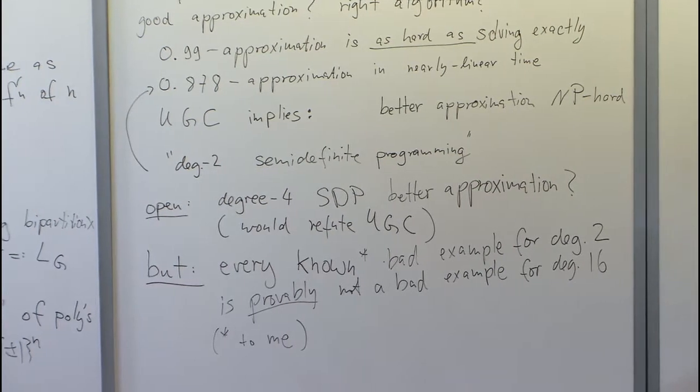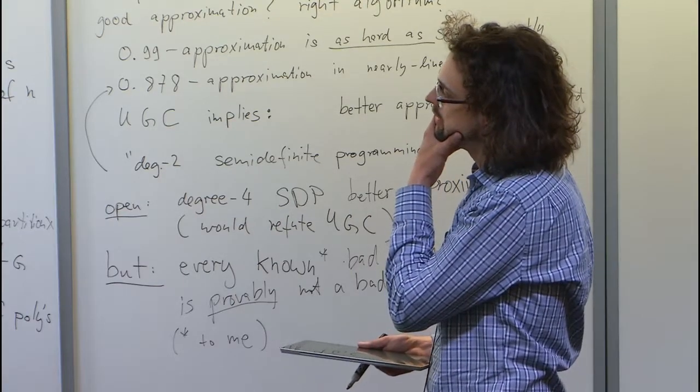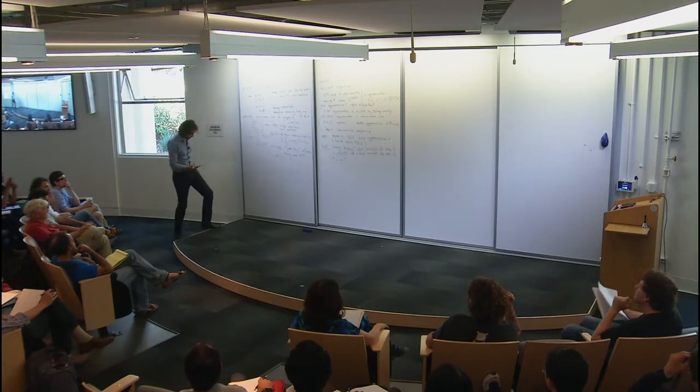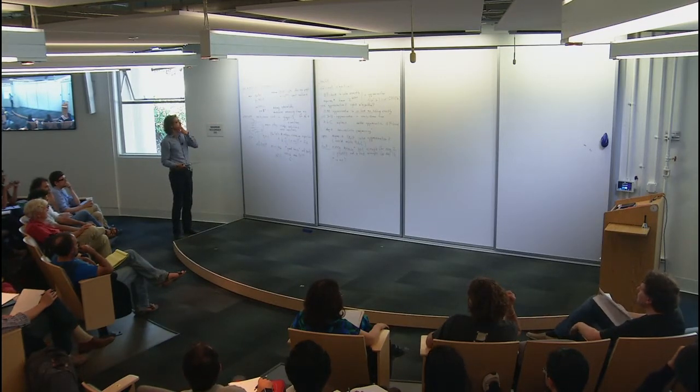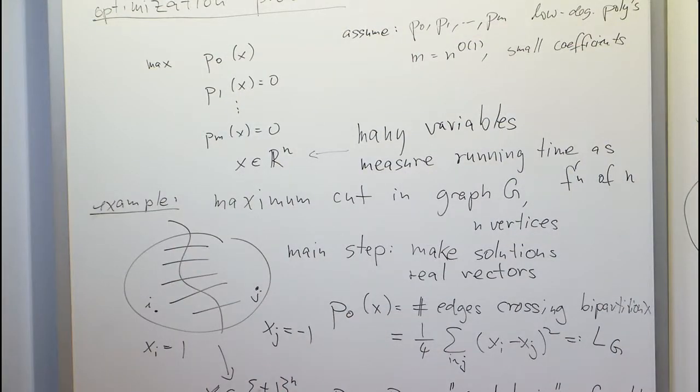The degree is the degree of the polynomials over here. What do you mean when you say degree 2? Good question. There are two degrees at play. One is the degree you need to specify the problem, and for max cut this is degree 2.